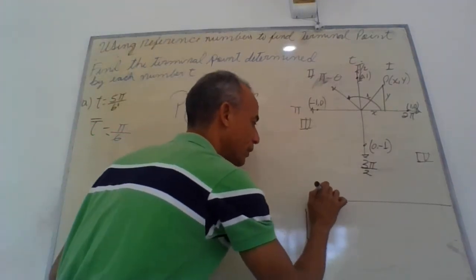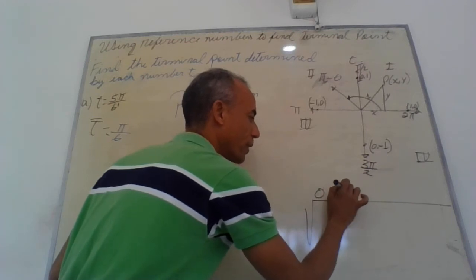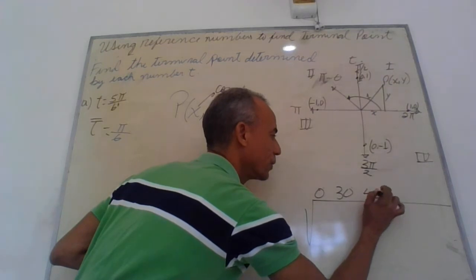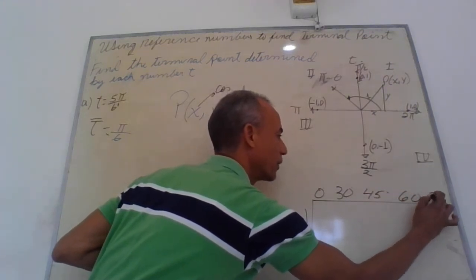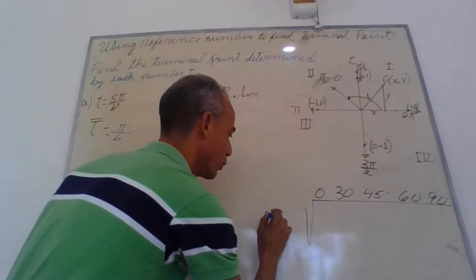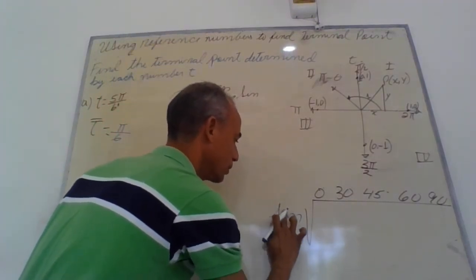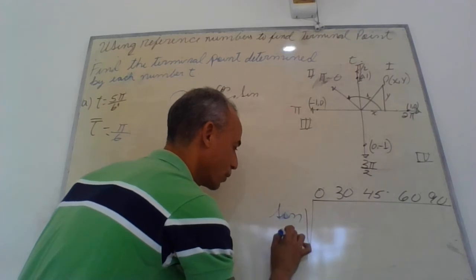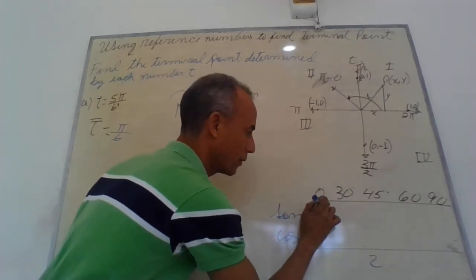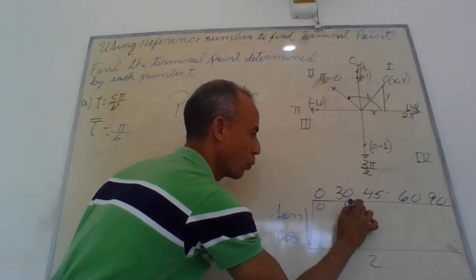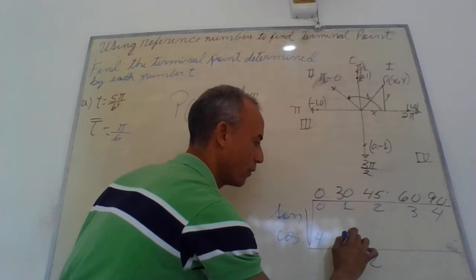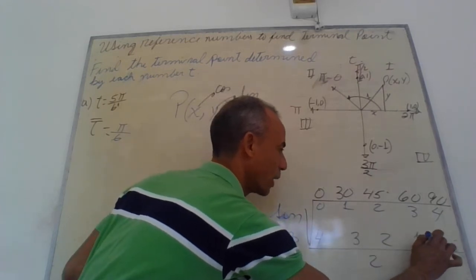Remember when we have 0 degrees, 30, 45 degrees, 60 degrees, and 90 degrees. I don't know if you remember, we have sine and cosine, everything divided by 2, okay? For example, I start with 0, 1, 2, 3, and 4, and after 4, 3, 2, 1, and 0.